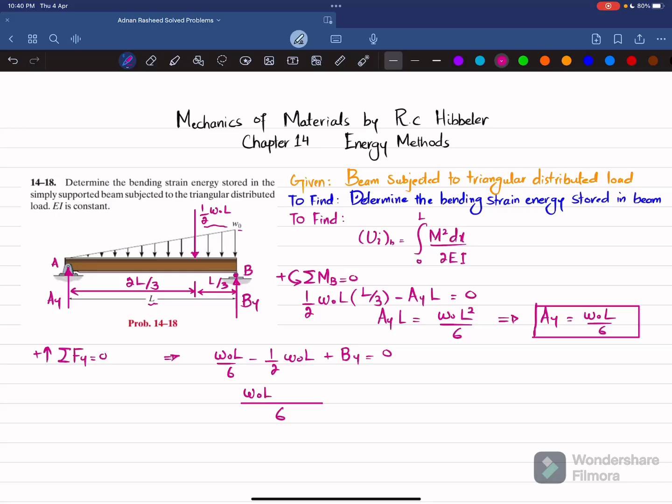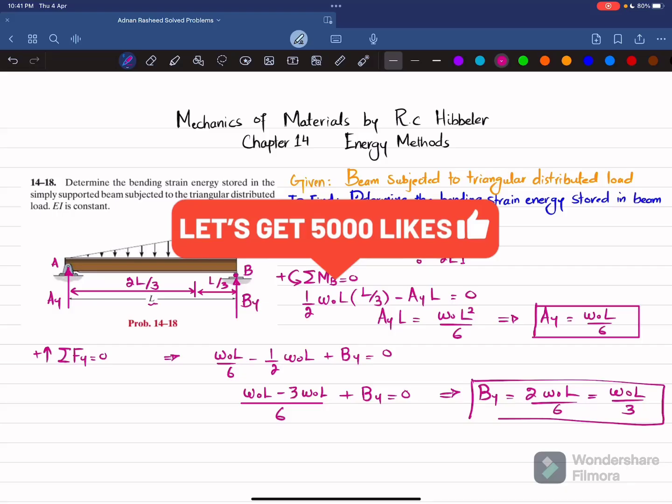Similarly, 6 divided by 2 is 3. So 3 into minus 1 is minus 3 W naught into L plus BY is equal to 0. So from here you can see this BY will be equal to 2 W naught L over 6, or if you further simplify it, it will be W naught L over 3. So this is the value of BY.